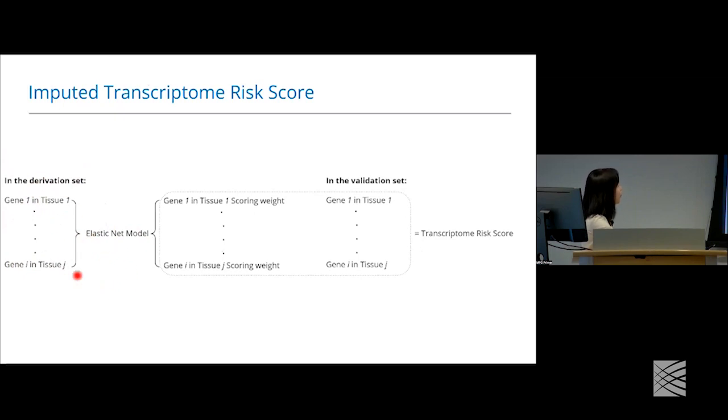So we will input all those gene tissue pairs into a penalized regression, and the model will select features and adjust the weight to calculate the score. And we apply those adjusted scoring weights in the validation data set to calculate the transcriptome risk score. As I said, for disease phenotypes, we model the incident outcome using a Cox proportional hazard regression. And for quantitative traits, we use a linear regression model.